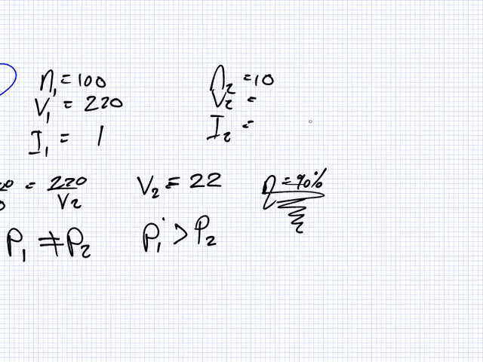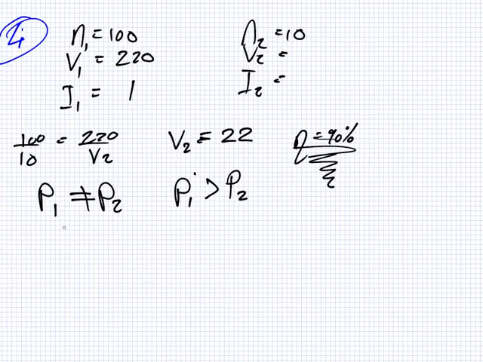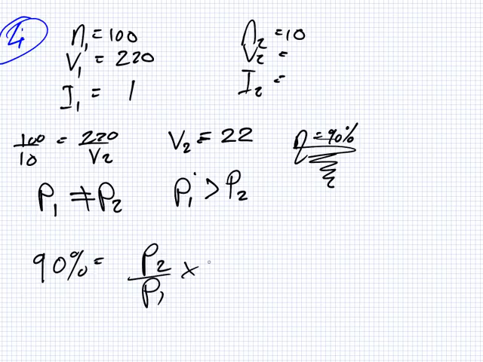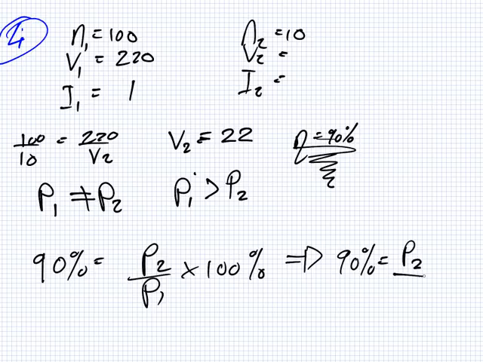Okay, so what you can say, well, you remember from semester 1 that efficiency, 90%, is power out over power in times 100%. So that means 90% equals power out, which we don't know, over power in, which we could know, because that's going to be I1 V1, because power is IV, times 100%.